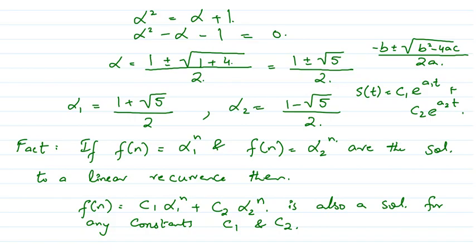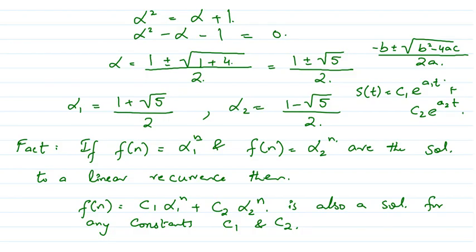Here in the Laplace transformation, it was in the form of e raised to the power a1 and a2, where a1 and a2 were the roots of that equation. But in the case of a linear recurrence equation, that is not a function of t, rather it is a function of n holding discrete values, in the form of c1 alpha 1 power n plus c2 alpha 2 power n, right?